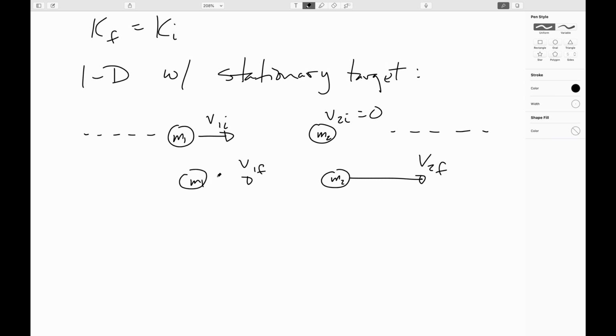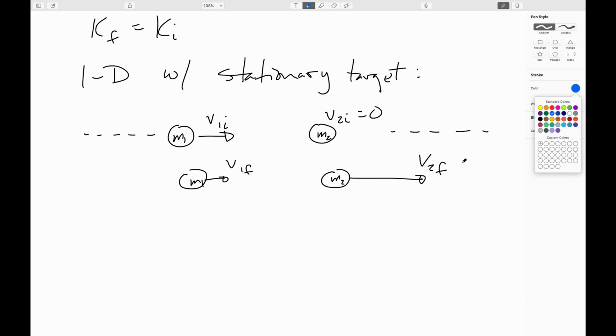Even shorter than that. There we go. It will turn out that if the object that's hitting the stationary object is lighter, then it will bounce off backward. And when you solve, you'll get a negative number. That's not a big deal. That just tells us we're going to the left.